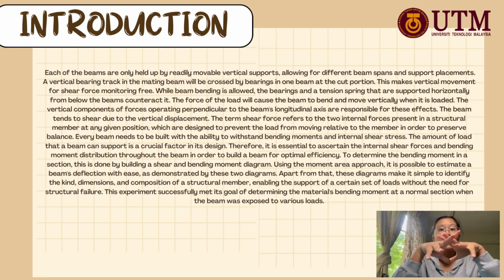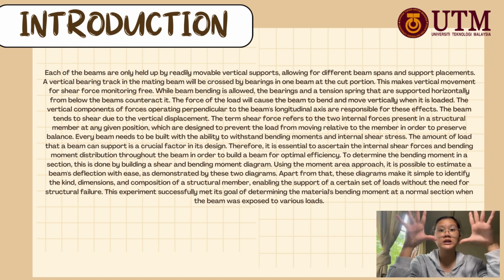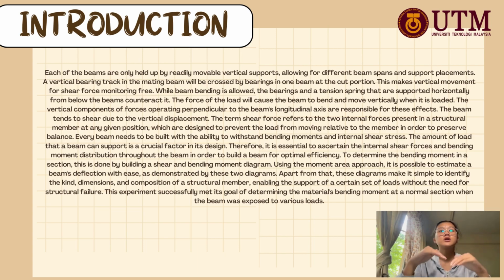So each of the beams is only held up by readily movable vertical supports, allowing for different beam spans and support placement. A vertical bearing trapped in the mapping beam will be crossed by a bearing in one beam at the cut portion, allowing vertical movement for shear force monitoring freely, while beam bending is allowed.